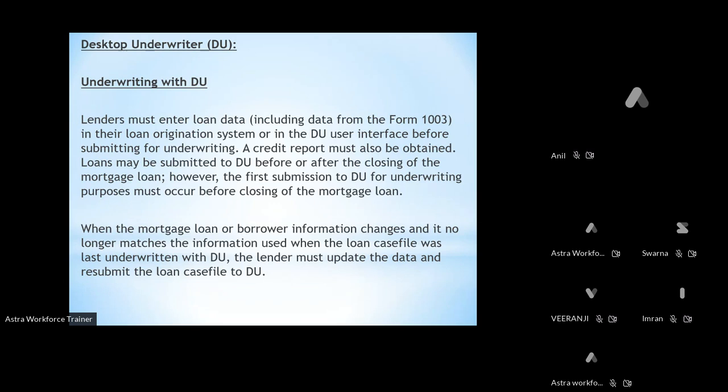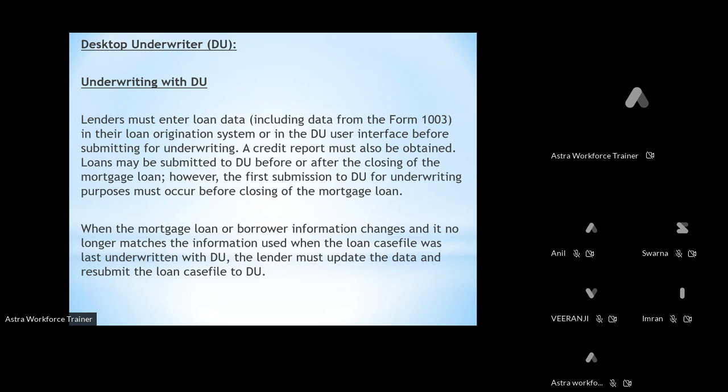Okay, underwriting with DU. That means the DU document, that's a Desktop Underwriter AUS, or AUS with LP, will also be available, right? So the AUS documentation is a kind of replica of the Fannie Mae guideline. Most of the time it will be available for the secondary marketing, not in live underwriting.